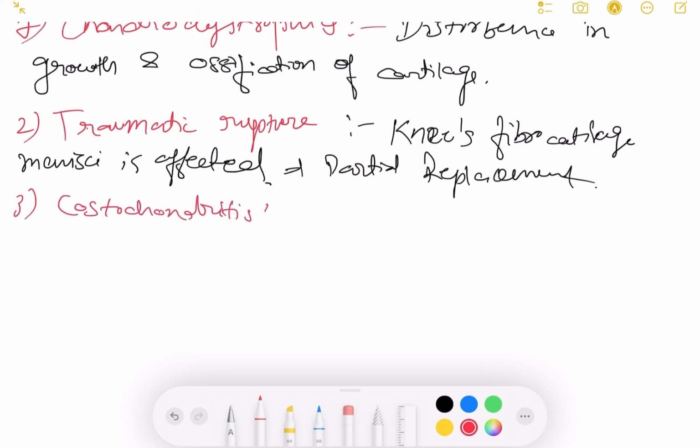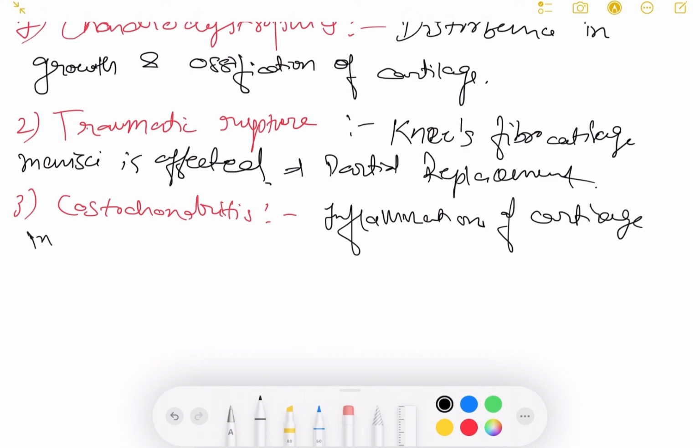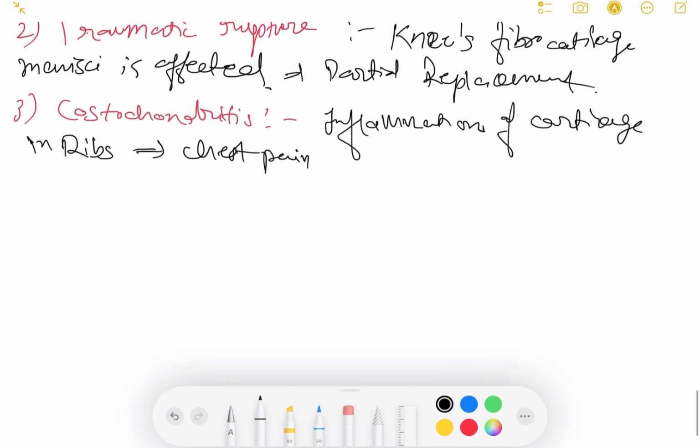Third one, costochondritis. That is inflammation of cartilage in the ribs. And that will cause chest pain. It is also a disorder. Then next is herniation of intervertebral disc.